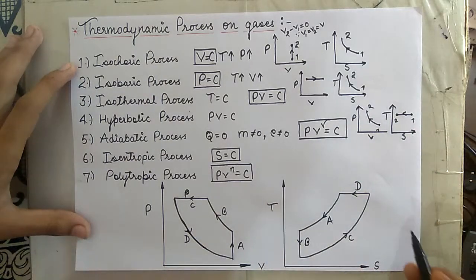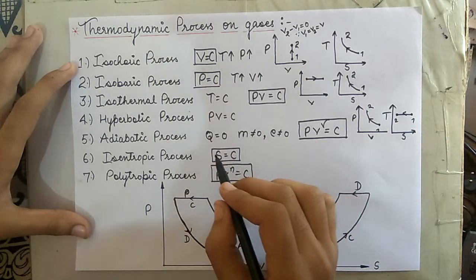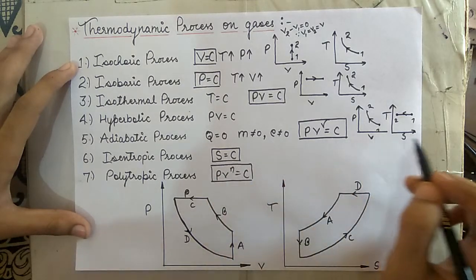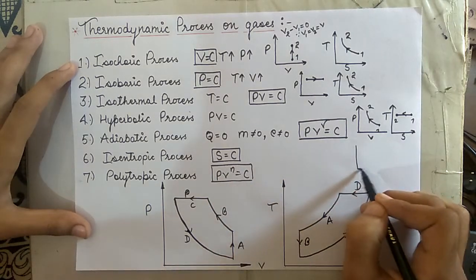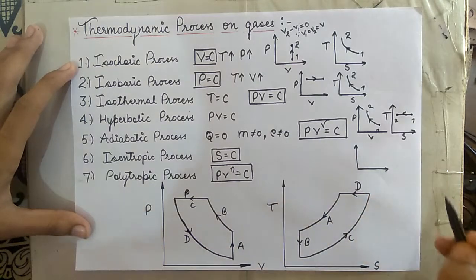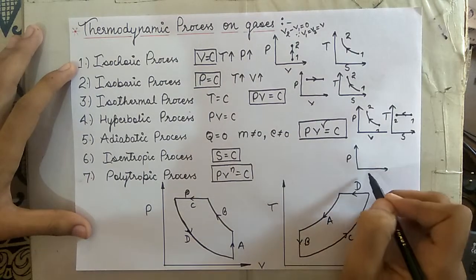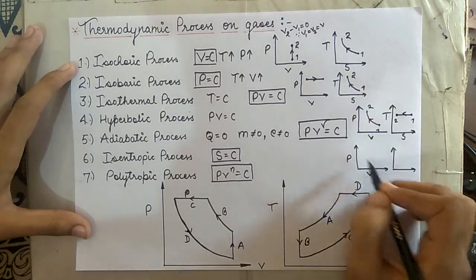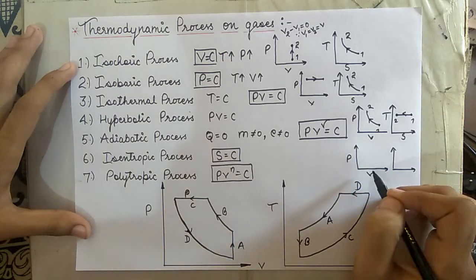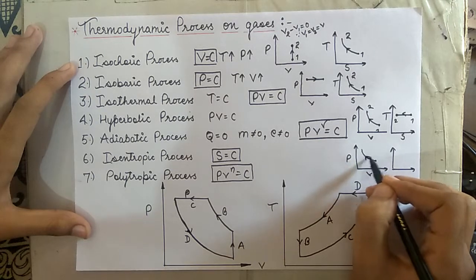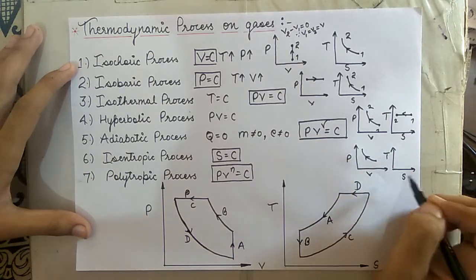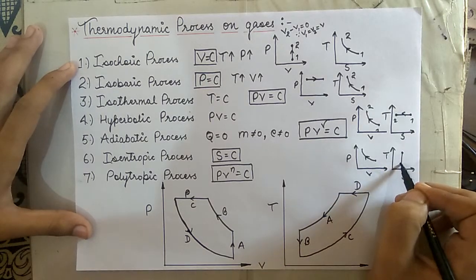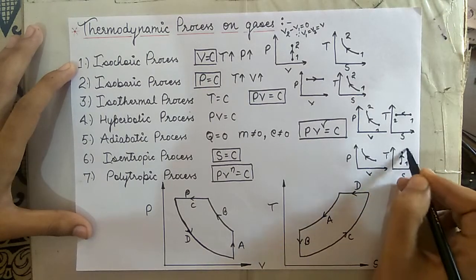Now the last process is adiabatic process, which you may say is the isentropic process, in which entropy will remain constant. So see here the PV diagram. Here I don't have entropy along my x or y axis, so it will be shown by a simple curve. And here in the TS curve I have my entropy along the x-axis, so it will be shown by a simple line, 1 to 2.